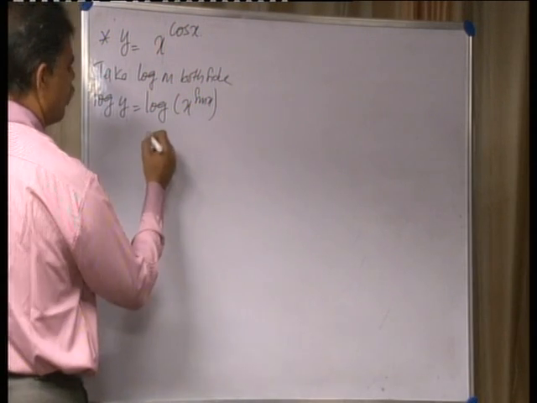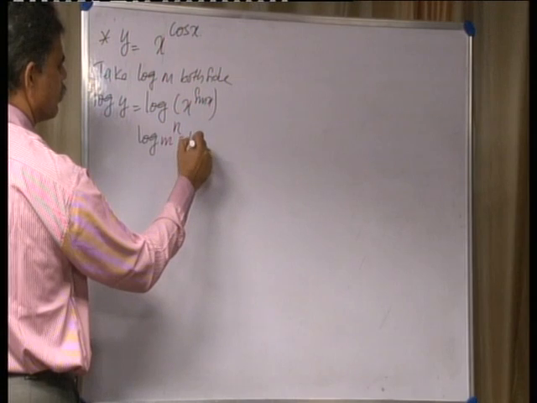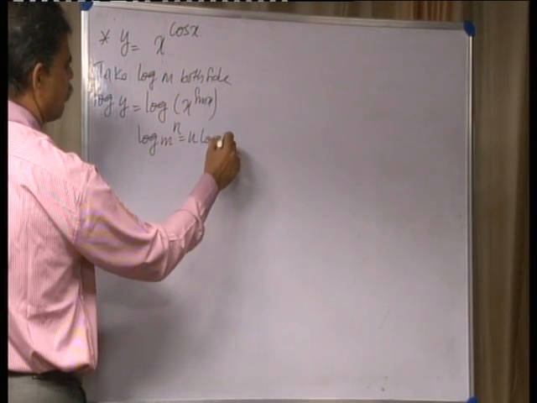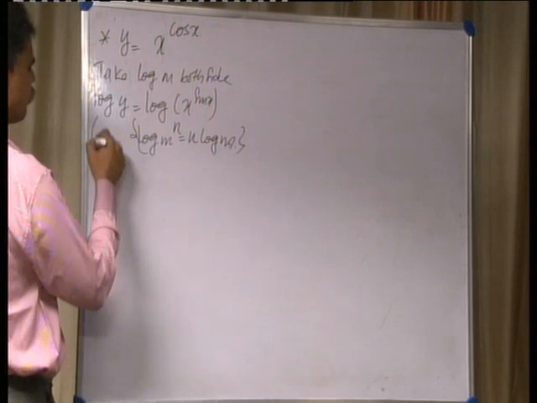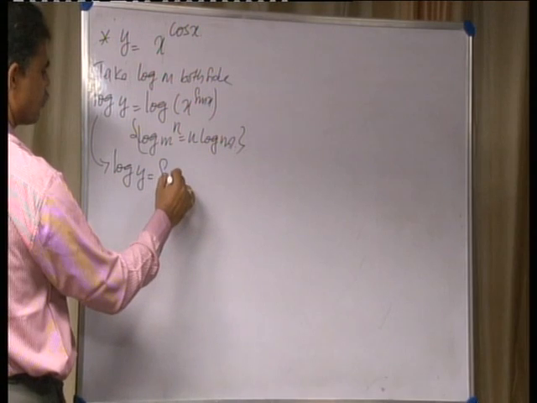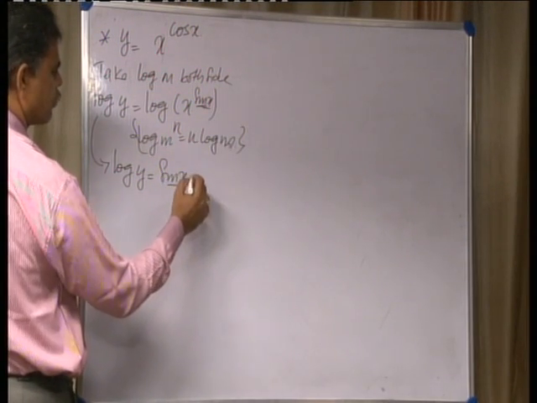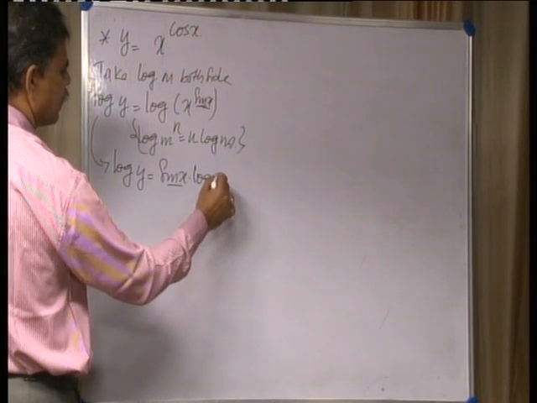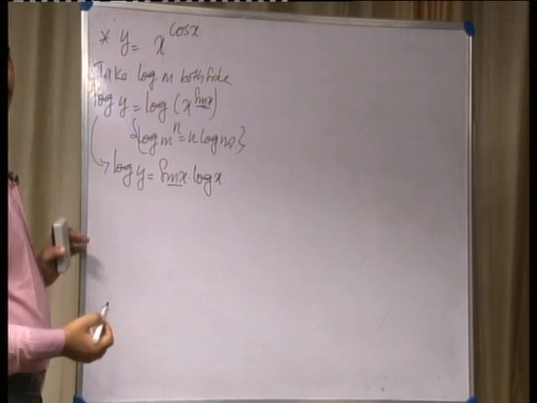According to law of logarithm, log m power n is equal to n into log m, right. So, based on this rule, this reduces to log y is equal to sin x, the power becomes index, into log x. Now, it is a differentiable form.